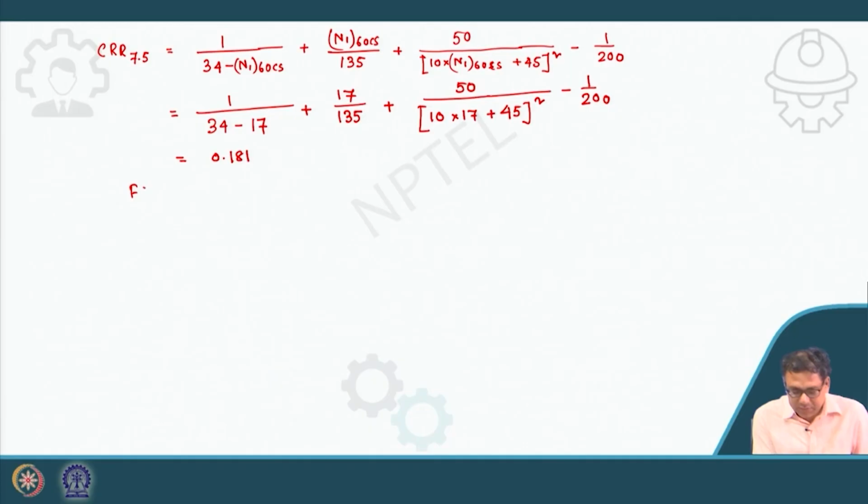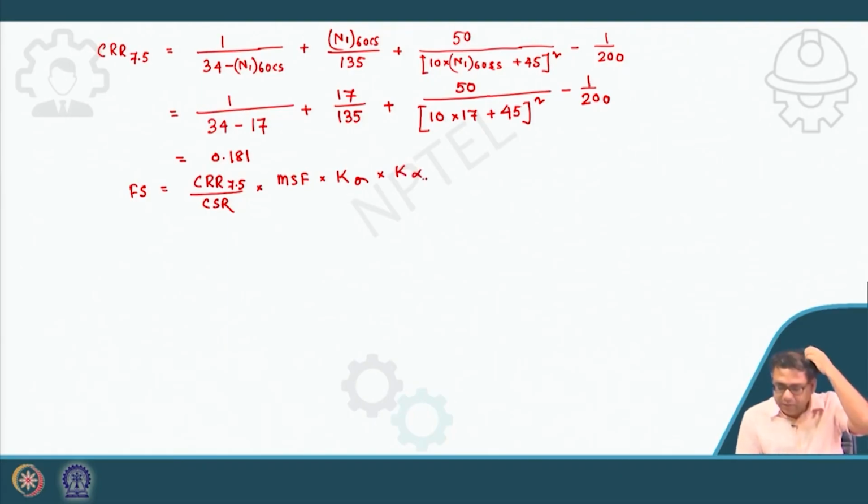Now your factor of safety FS is CRR 7.5 divided by CSR into magnification scaling factor into K sigma into K alpha.